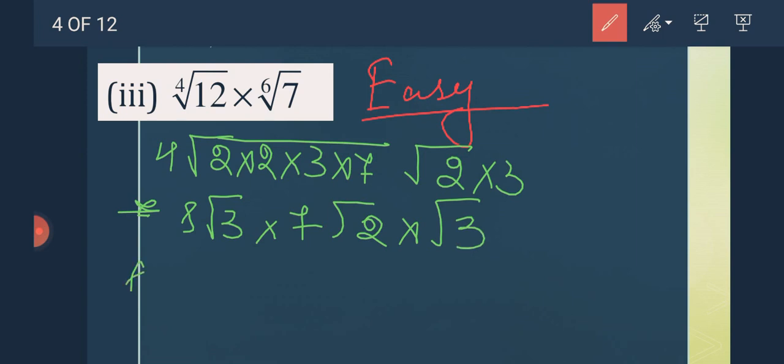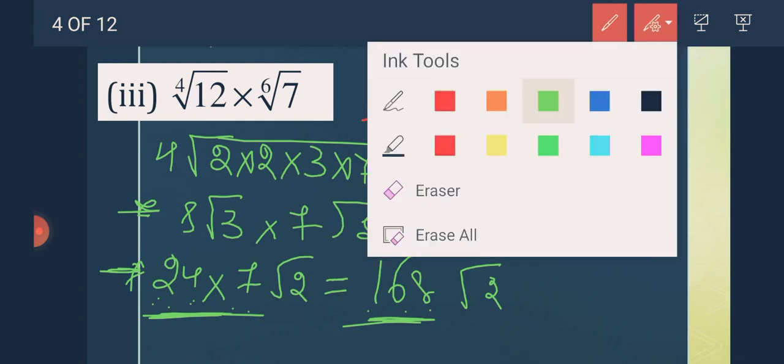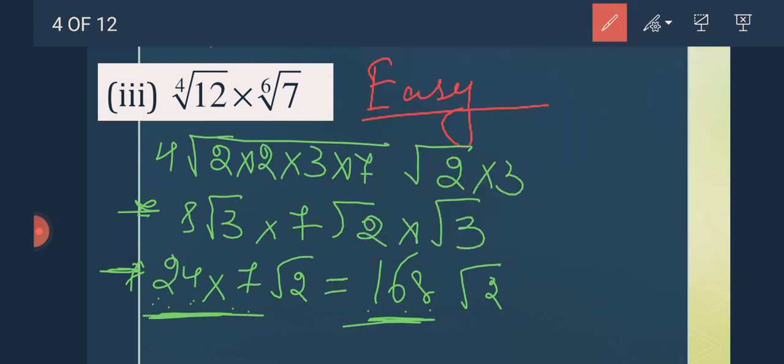Then we will write it as 24 into 7 root 2, and the answer that came is 168 root 2. Check your answer quickly. By multiplying 24 and 7, are we getting 168? Are we getting the same answer?